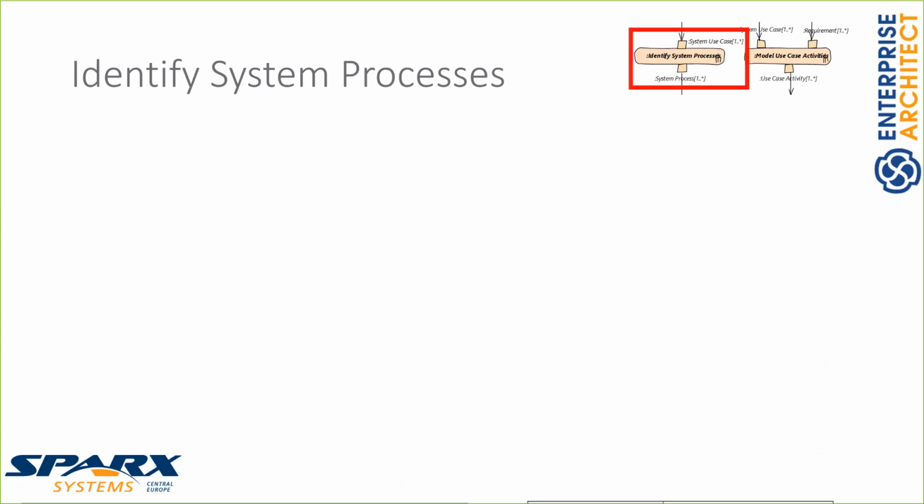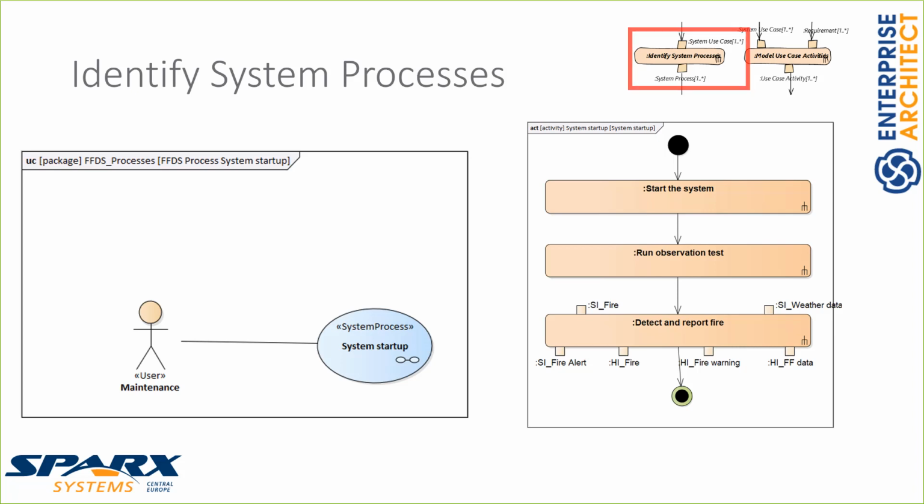Identify and describe the logical order of execution of the system use cases. So once the system use cases are known, then you just define the logical order of execution of those use cases. As you see over here, you identify it by using a use case diagram. Here is a special type of use case.